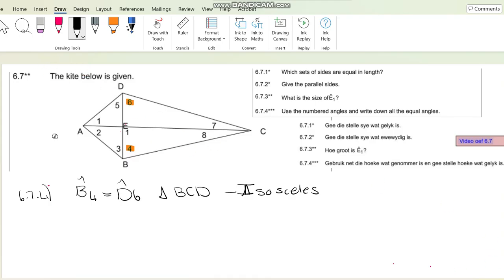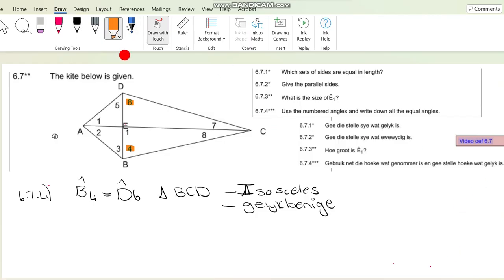Gelykbenig, sorry. So that would stay the same. Right, so that's why B4 and D6 can be the same, because if you take that triangle, it's an isosceles triangle. It's a gelykbenige.